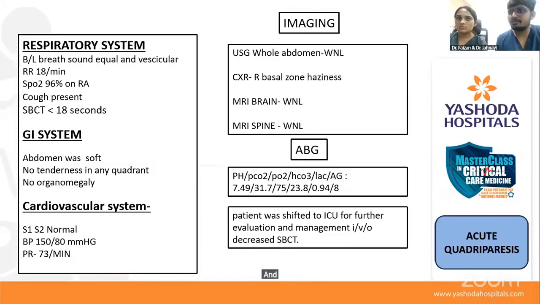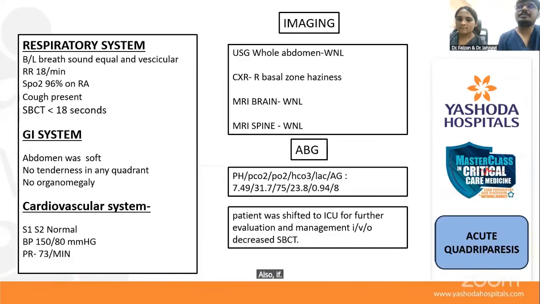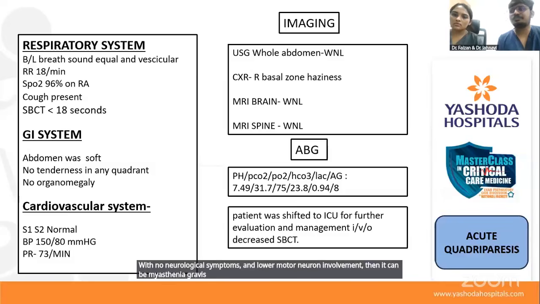And if there is no involvement of the upper motor, then we have to check if there is any lower motor involvement, and whether the presentation is bilateral or unilateral. If the presentation is bilateral with no neurological symptoms and lower motor neuron involvement, then it can be myasthenia gravis or Guillain-Barré syndrome.